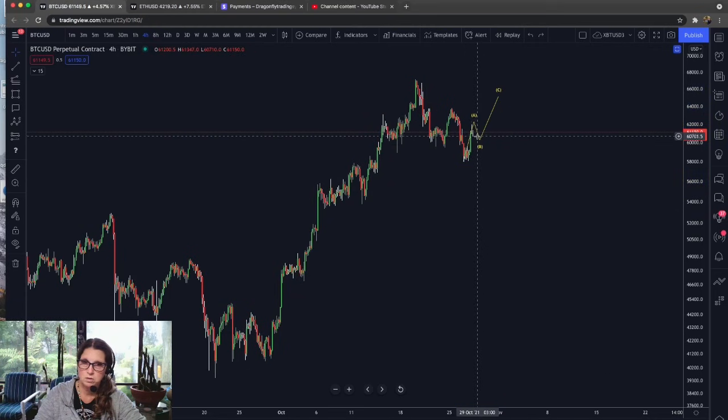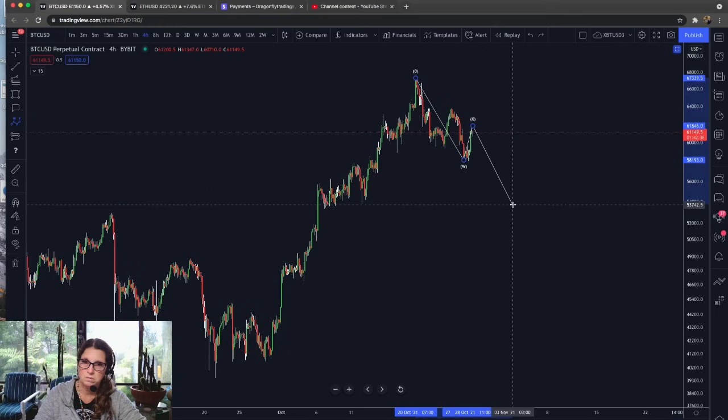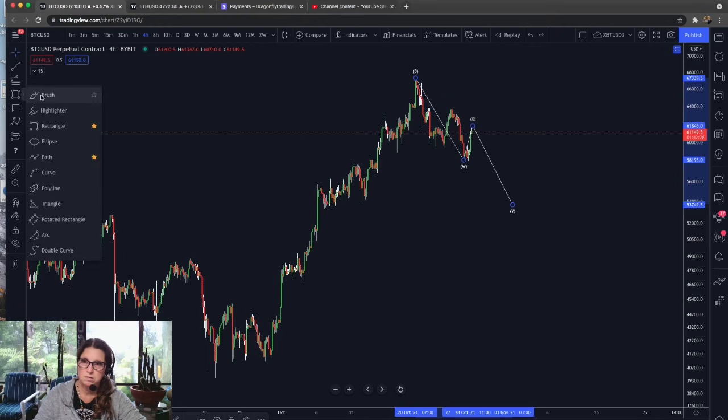Another option is that this is a flat and it's done. And we've got a 3 wave. This probably is an X. And then we're going to get a 3 wave down into that order block. Now, yes, can it get more ugly? Yes, it can.